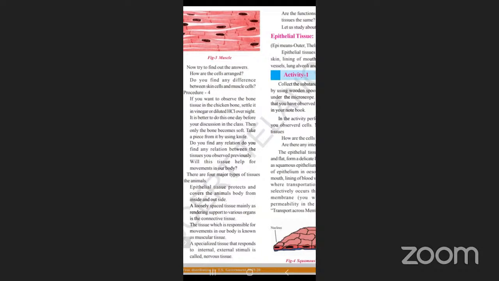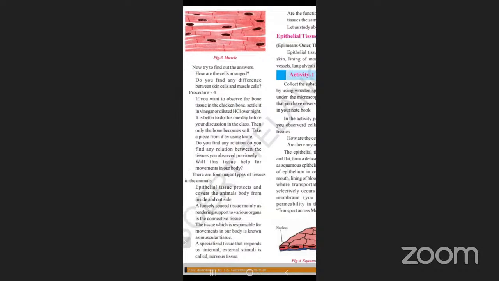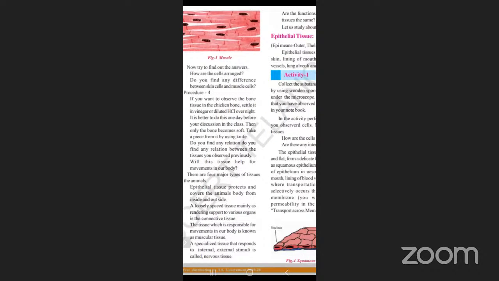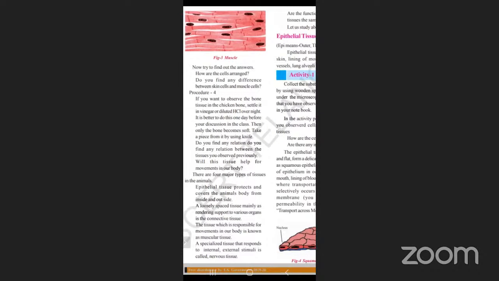So we have a great system, the nervous system. Our fourth tissue, a specialized tissue that responds to internal and external stimuli, is called nervous tissue. Once again, we have four types of tissues: epithelial tissue, connective tissue, muscular tissue, and nervous tissue.